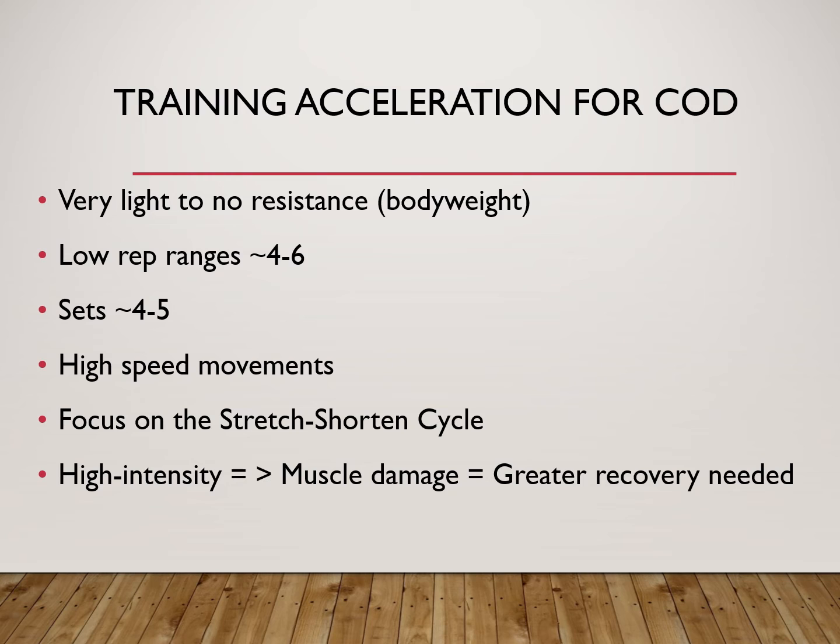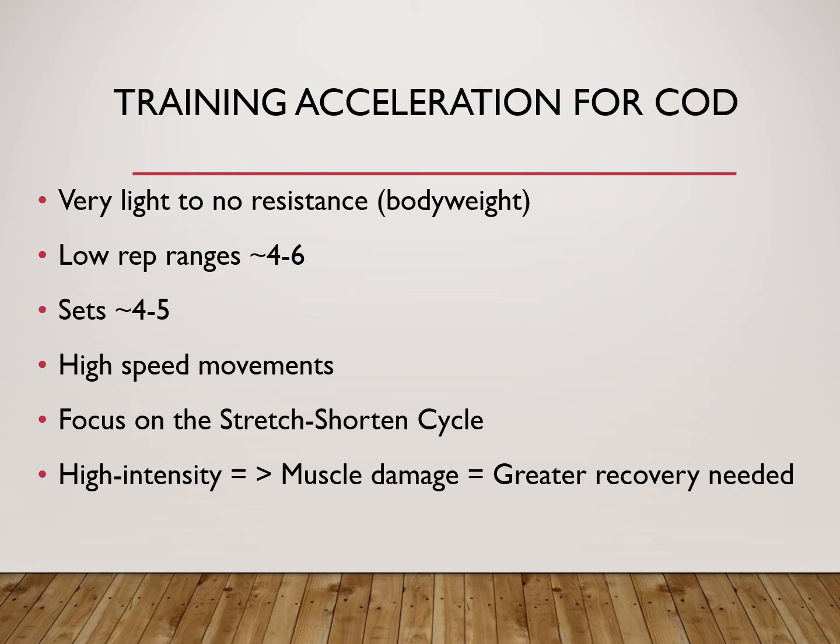And typically the greater eccentric work that's being performed, which would occur during any acceleration based work or any work focusing on this stretch shorten cycle within the muscle, that high eccentric component is going to lead to overall greater damage in the muscle. So therefore we'd have a greater amount of DOMS, okay, so we'd have greater impact on subsequent training sessions.